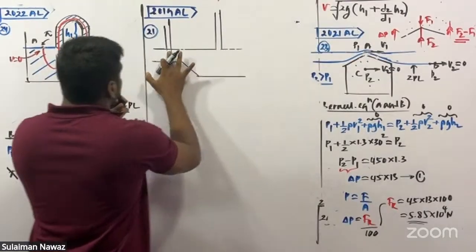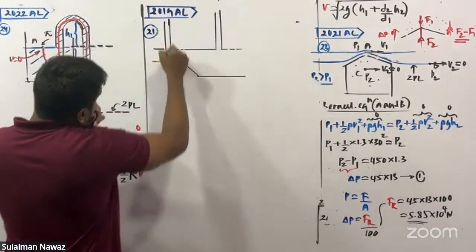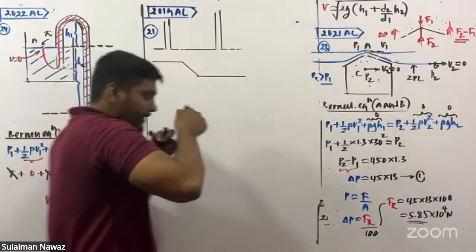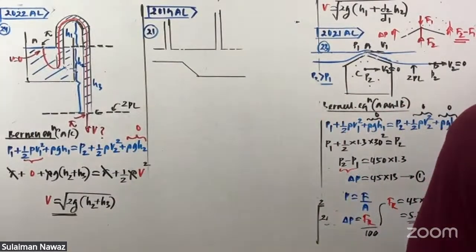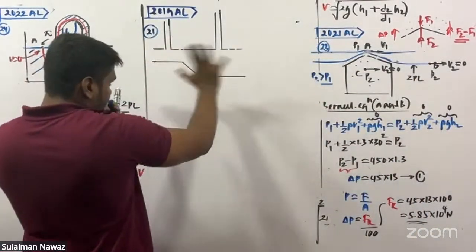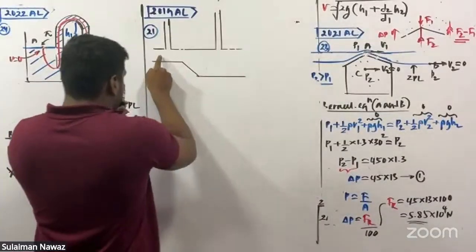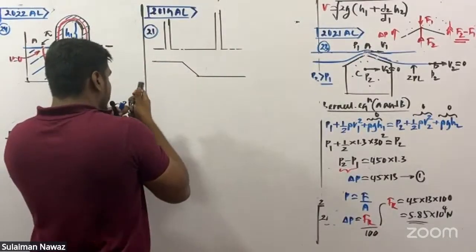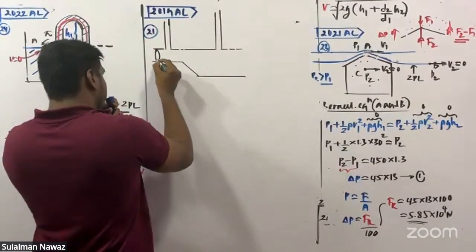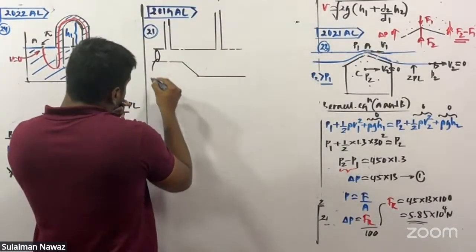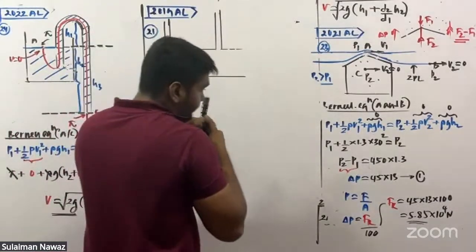There's a liquid flowing from left to right. Doesn't matter even if it flows from right to left, no issues. Very clear, the cross-sectional area of the fluid at this region is lesser, given as capital A. The cross-sectional area of the fluid in this region is 2 capital A.